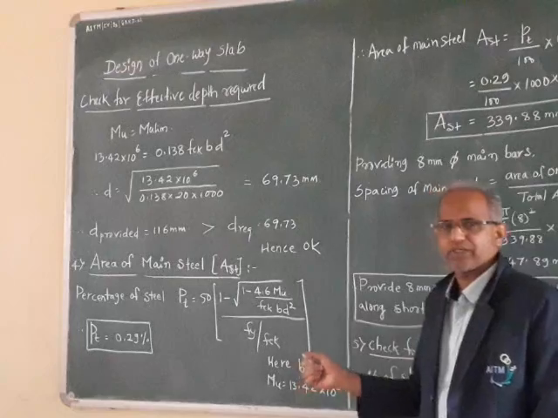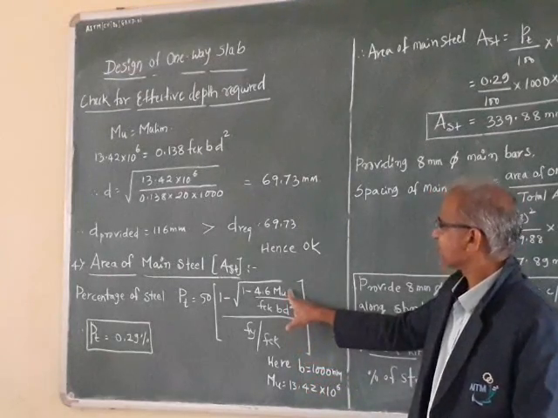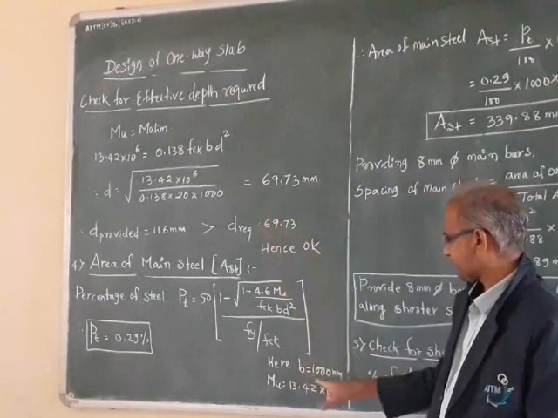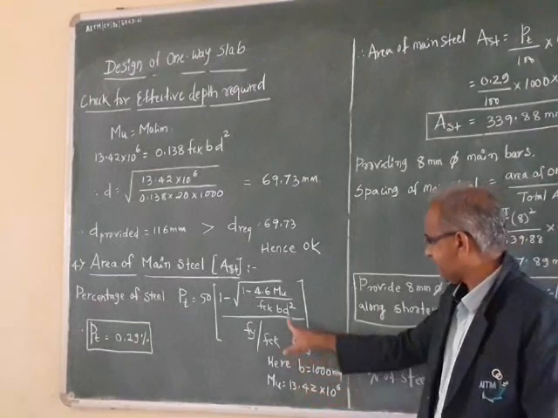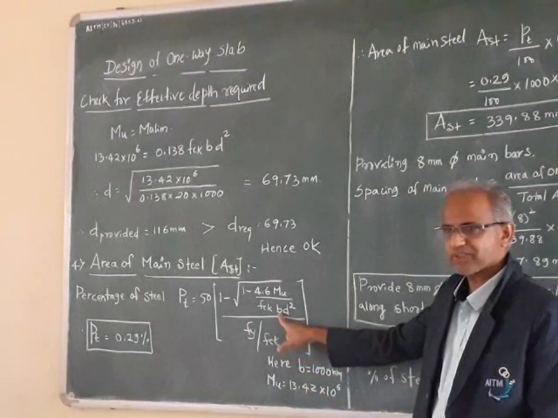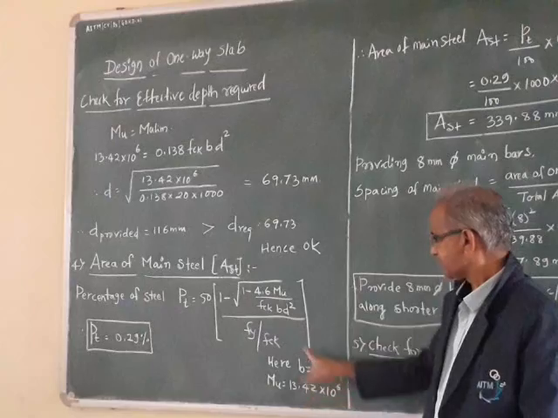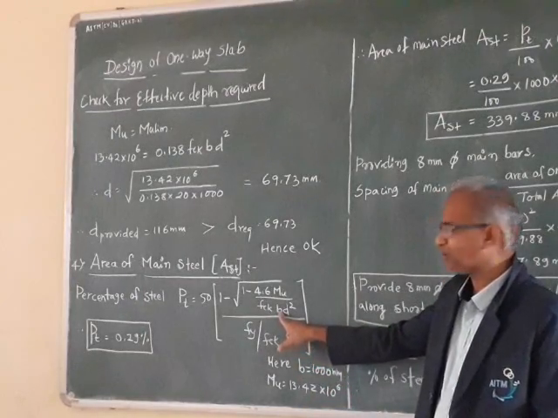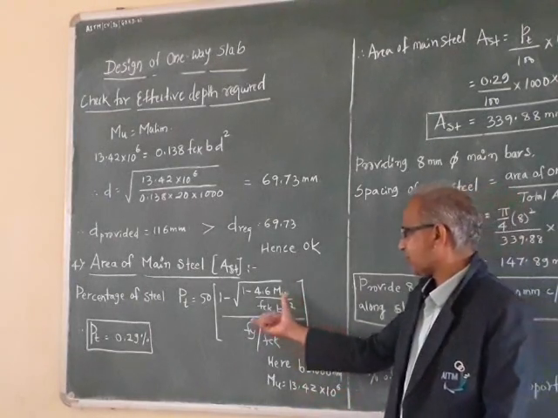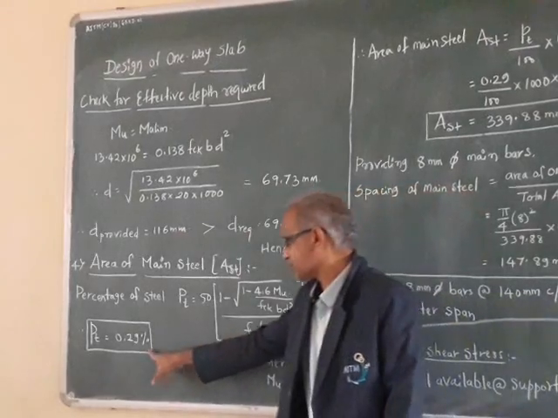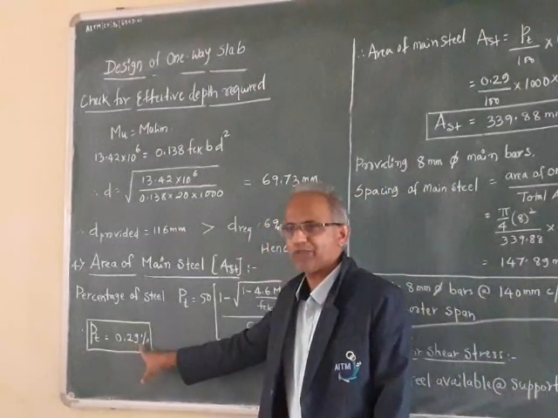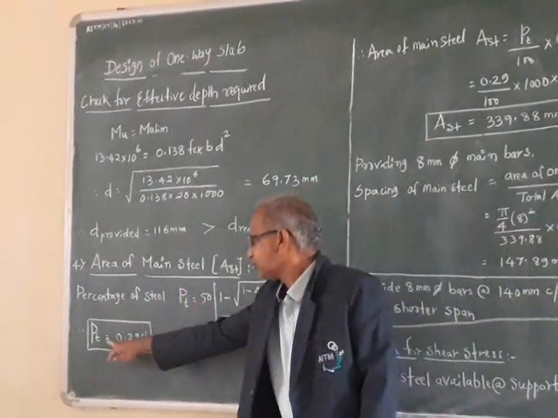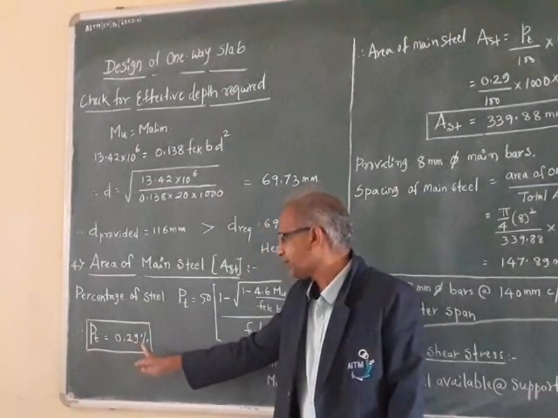So again important thing is substitute Mu, that is 13.42 into 10 raised to 6. And b, whatever this b is there, width of slab, that is 1 meter or 1000 mm, you have to substitute for b. So after substituting all the values, we will get a percentage of steel, that is 0.29%. So pt is equal to 0.29%.